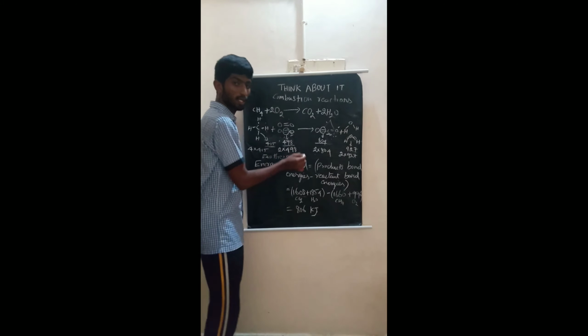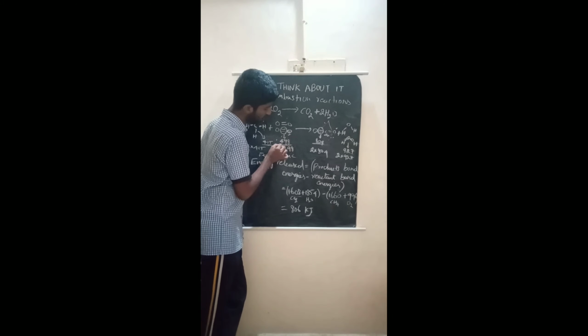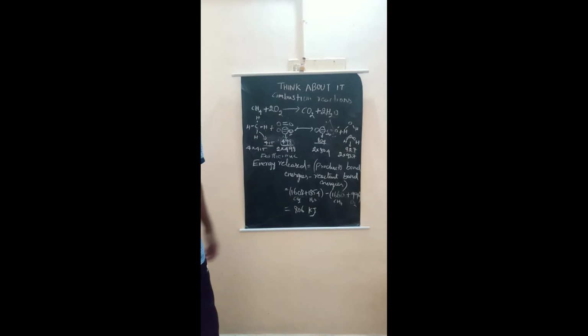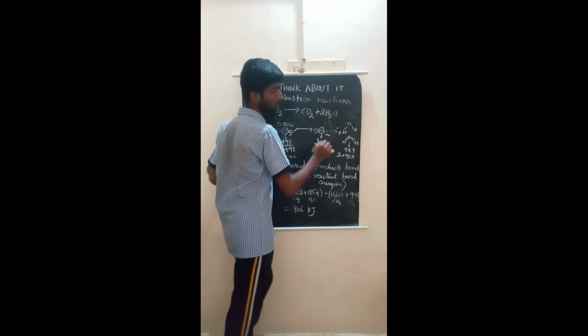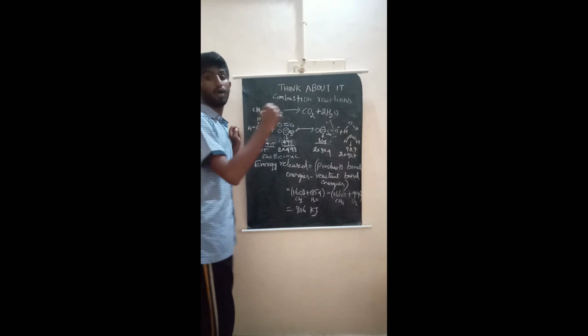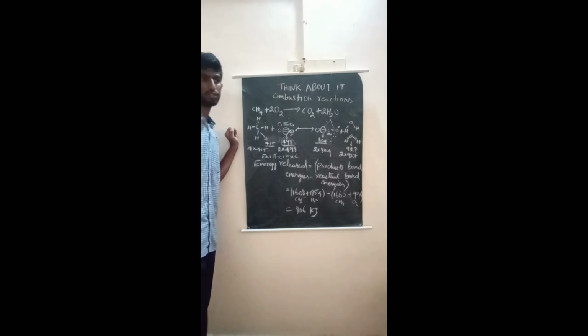Here we see that only 498 kilojoules of energy is needed to separate one oxygen atom from O2, but we have to give 804 kilojoules of energy to separate the oxygen atom from the carbon dioxide molecule.